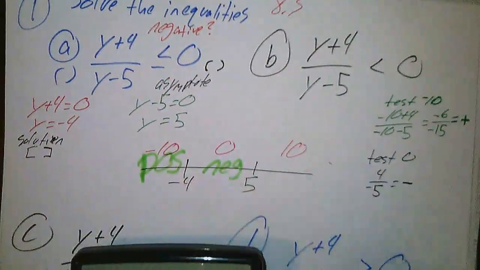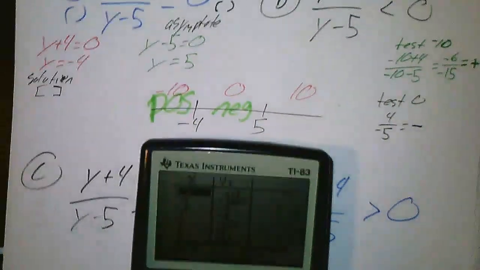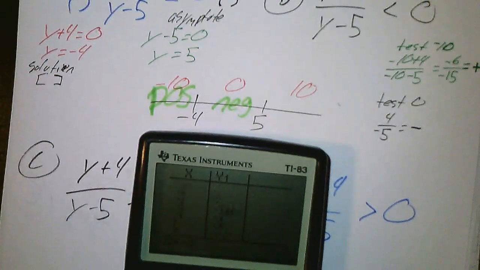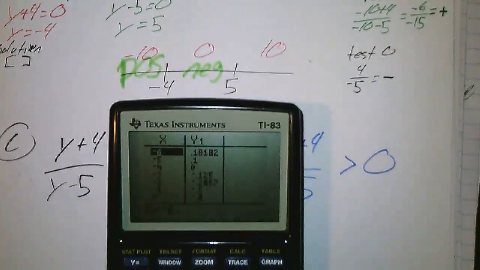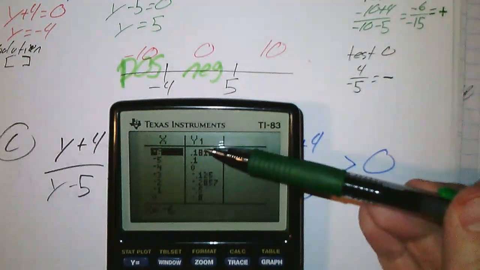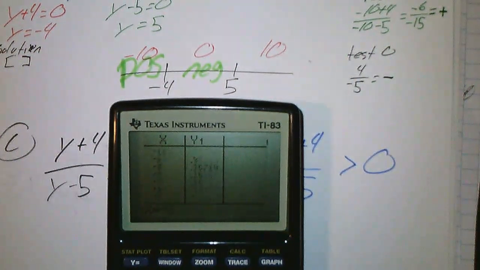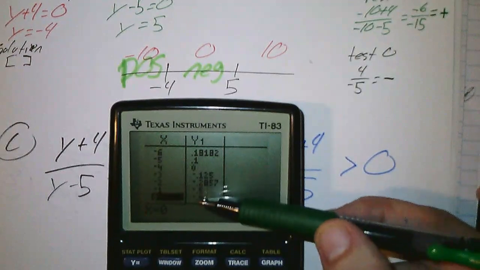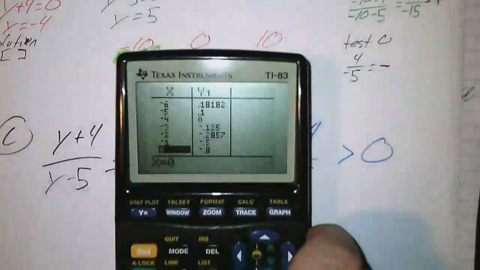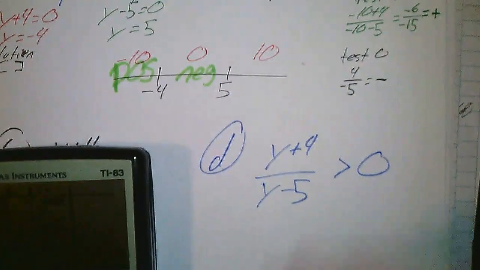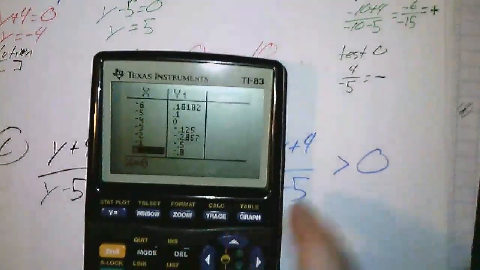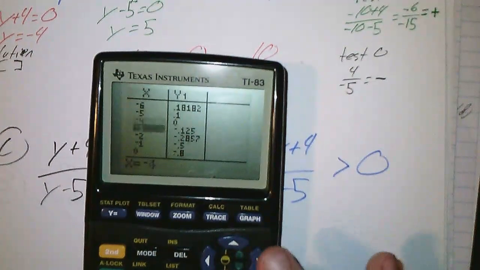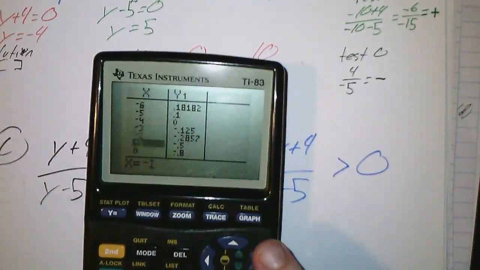But once you know the turning points, you can just go to the table. Anything to the left of negative 4 is positive. We see these positive y values to the left of negative 4. If we test at 0, we see that now we have a negative value. And so everything from negative 4 to 5, any of these points after negative 4 are negative.